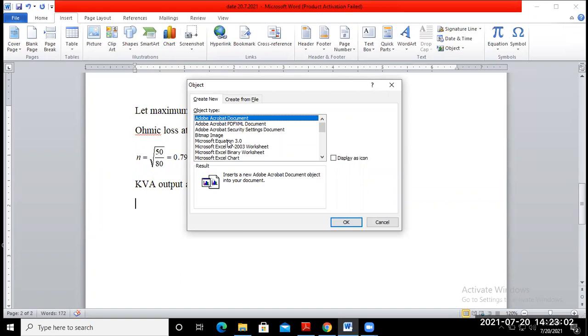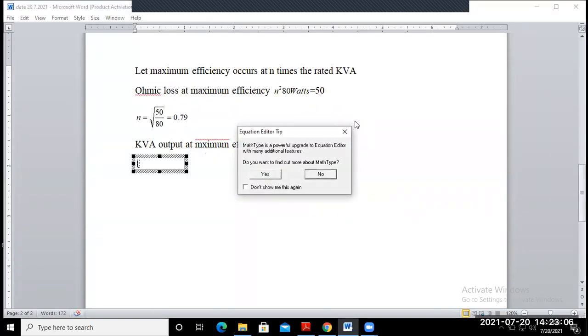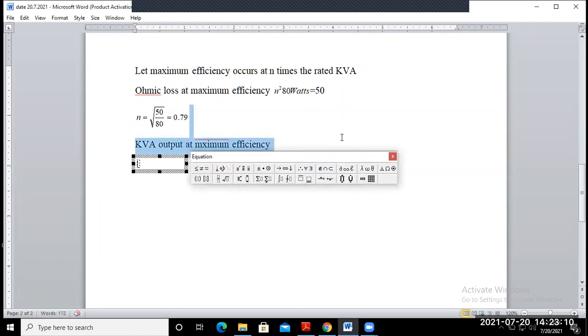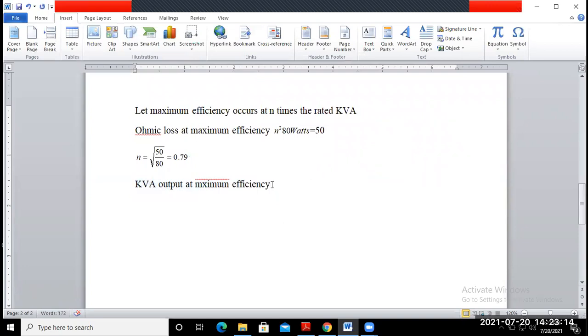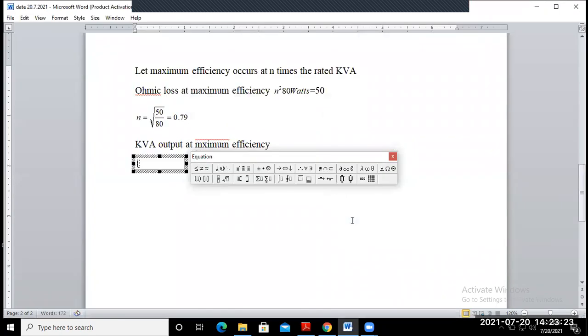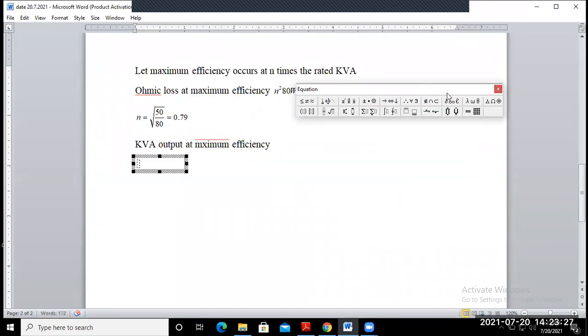And here, eta maximum equals n into kVA at full load, or rated load.